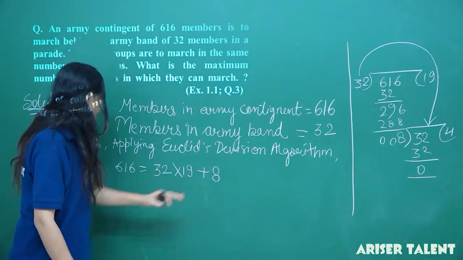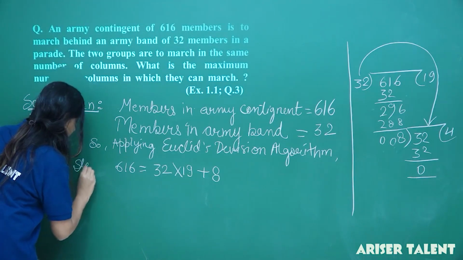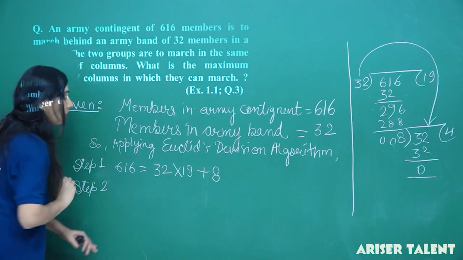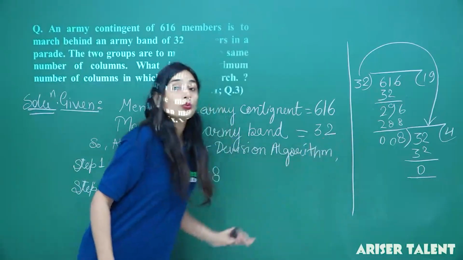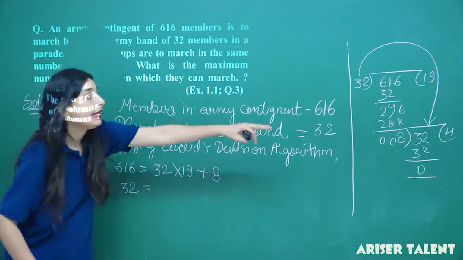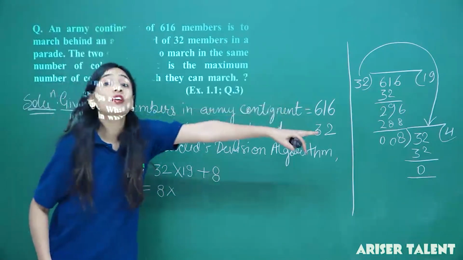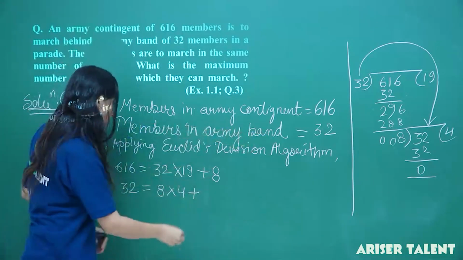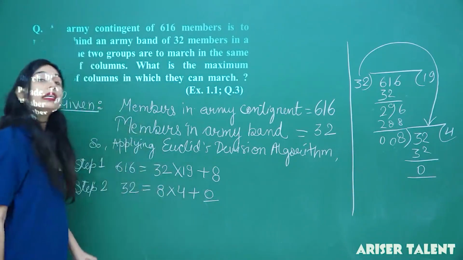No, it's not 0. So, step 2. Because your remainder is not 0, you will apply again. Now, 32 is your dividend and 8, the remainder, is your divisor, multiplied by what? 4. And the remainder is 0. So, hence the remainder is 0 here.